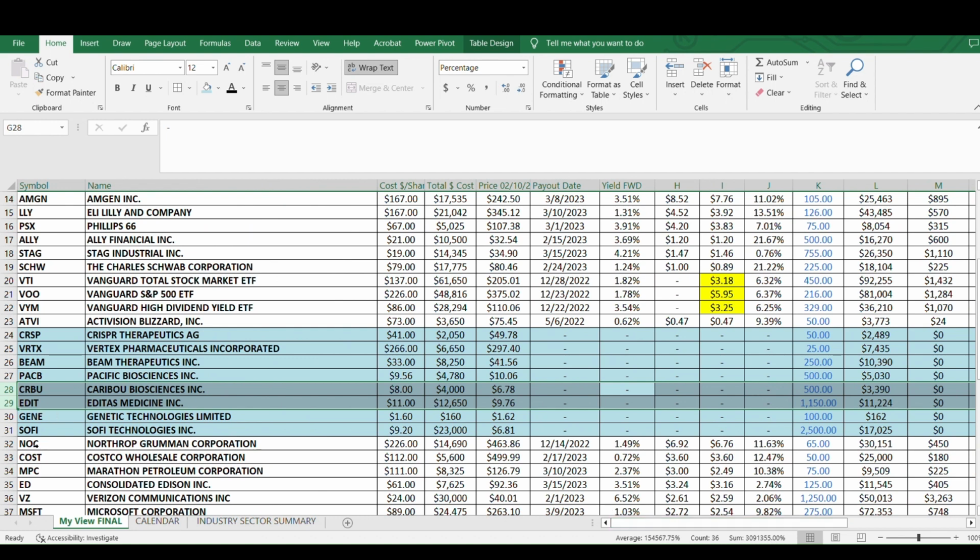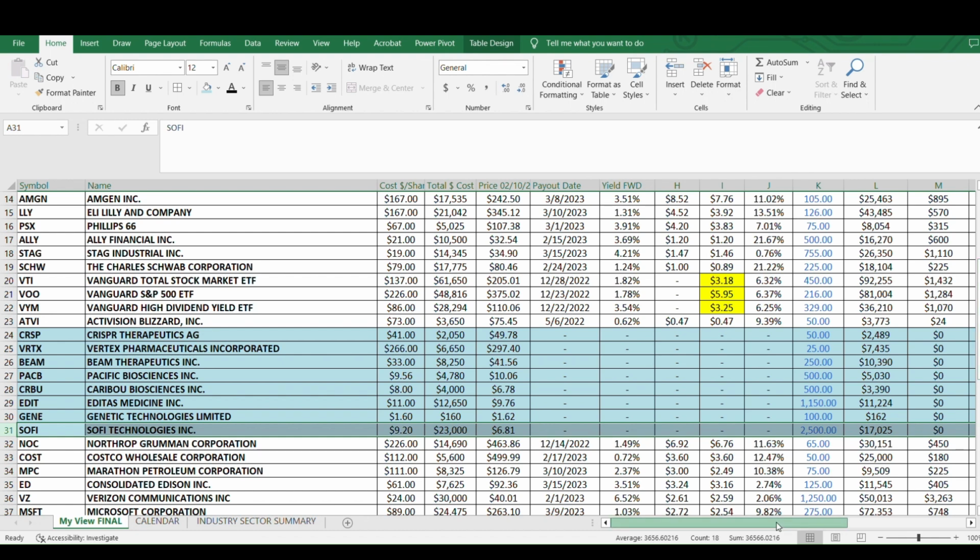And then SoFi Technologies. SoFi is a fairly well-known financial services platform where you can open an online savings account, a checking account, even a trading account. You can trade stocks on it. You can take out loans. It's pretty cool. They've been getting beat up the last year, but from what I've read, they seem to have a pretty cool future.